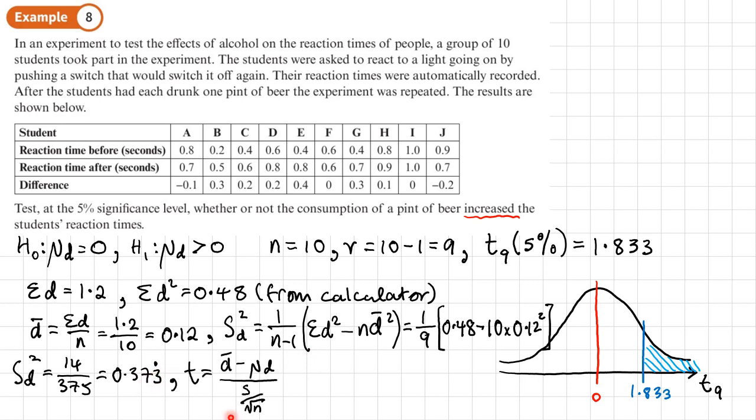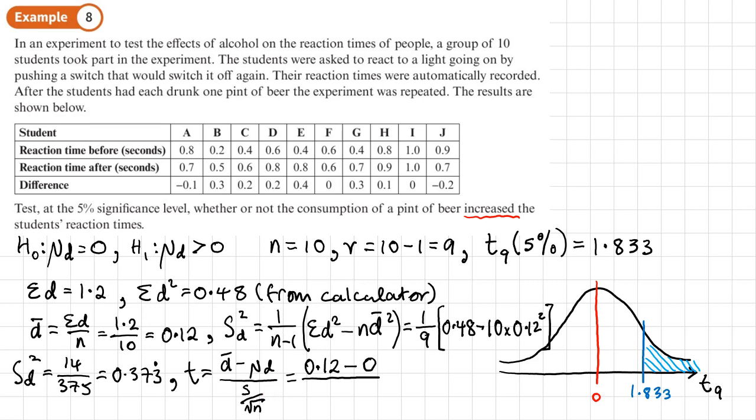So now we work out our test statistic so we can see whether it's in the critical region or not. So that's going to be the mean of d, which is 0.12, minus the mean of the population, which we've said is 0, there's no difference, that's our assumption in our hypothesis test, divided by, now it's going to be the square root of this fraction divided by the square root of n.